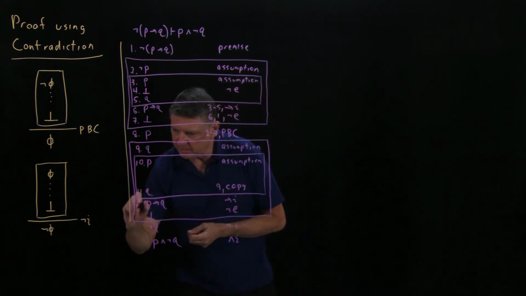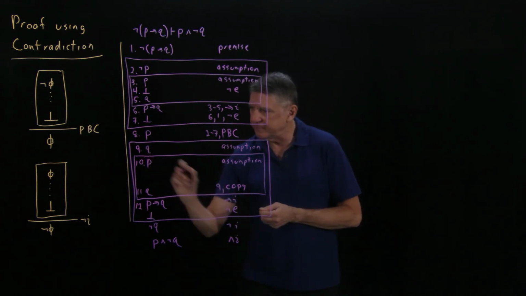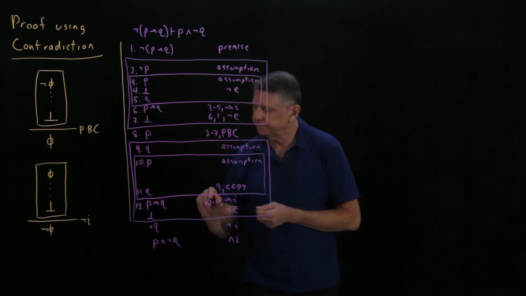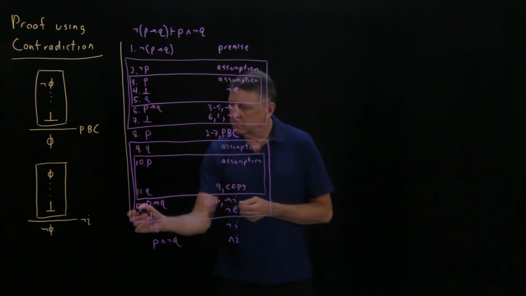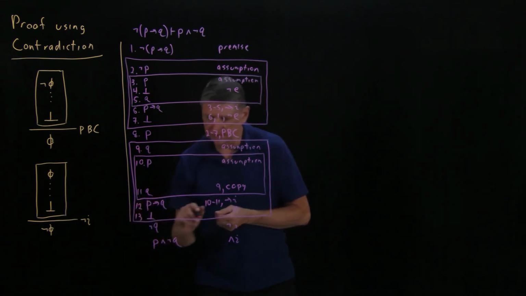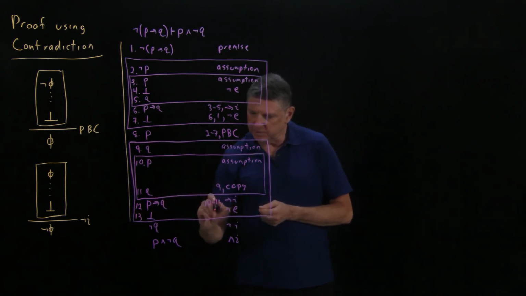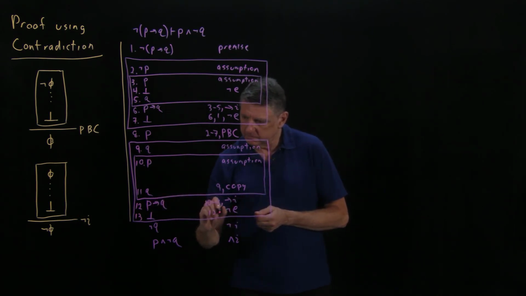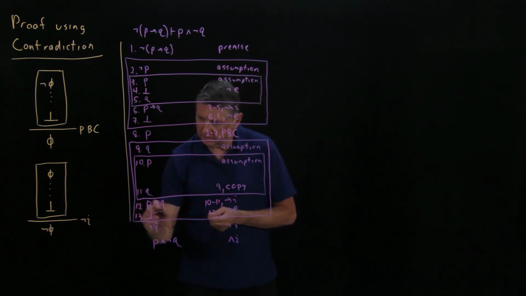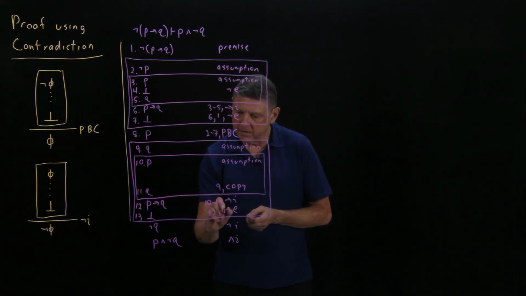This is now line 12, and I can say that line 12 came from the reasoning of lines 10 through 11. I can now say that this is line 13, and line 13 comes from line 12 and line 1.